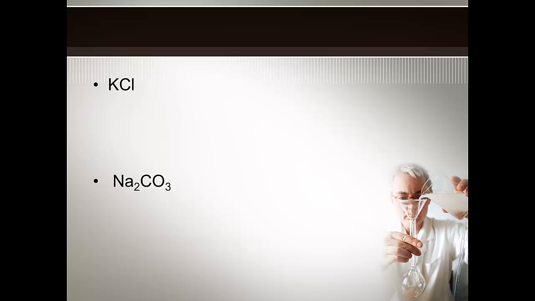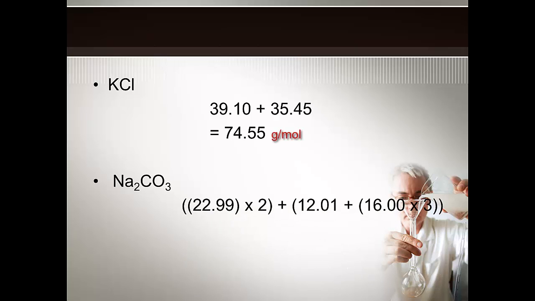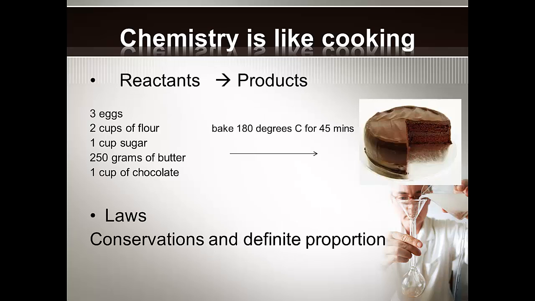Potassium has an atomic mass of 39.10 plus our chlorine, which is 35.45, gives us 74.55 grams per mole. And for sodium carbonate, 2 sodiums, 1 carbonate, so 2 times 22.99 plus 12.01 for carbon plus 16 times 3 for our 3 oxygens gives us 105.99 grams per mole for our sodium carbonate.